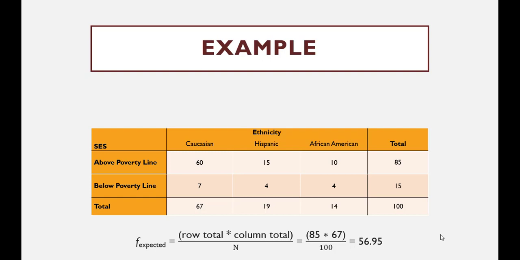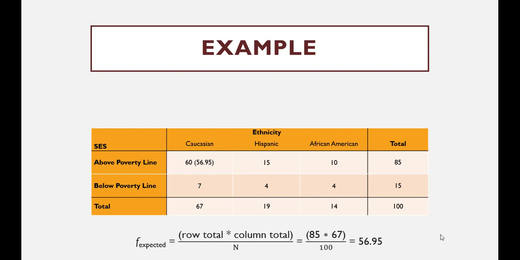In fact, we see that there are 60 Caucasian individuals in that cell. And so the number of Caucasian individuals who are above the poverty line is a little bit higher than we would expect if there was actually an even distribution of poverty, for instance. So we're going to go ahead and put that in. A lot of the times you'll see this with the observed value not in parentheses, and in parentheses, we have the expected value. And then you're going to do that for each individual cell.